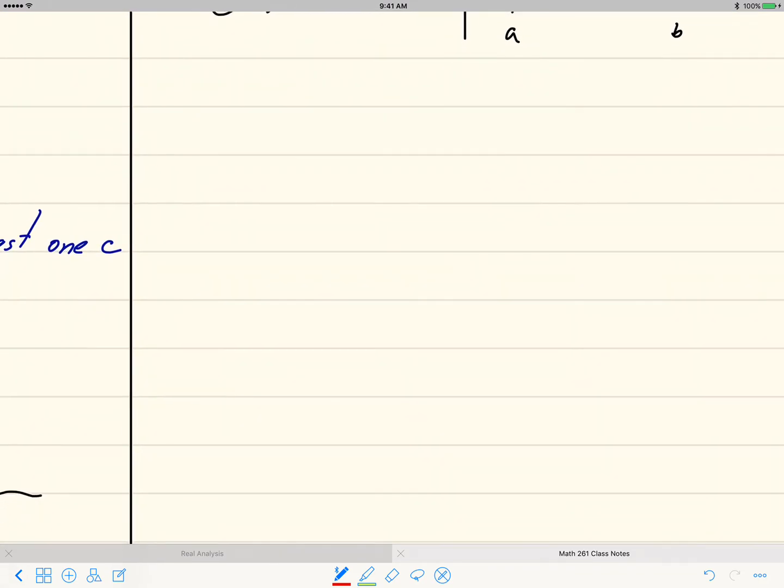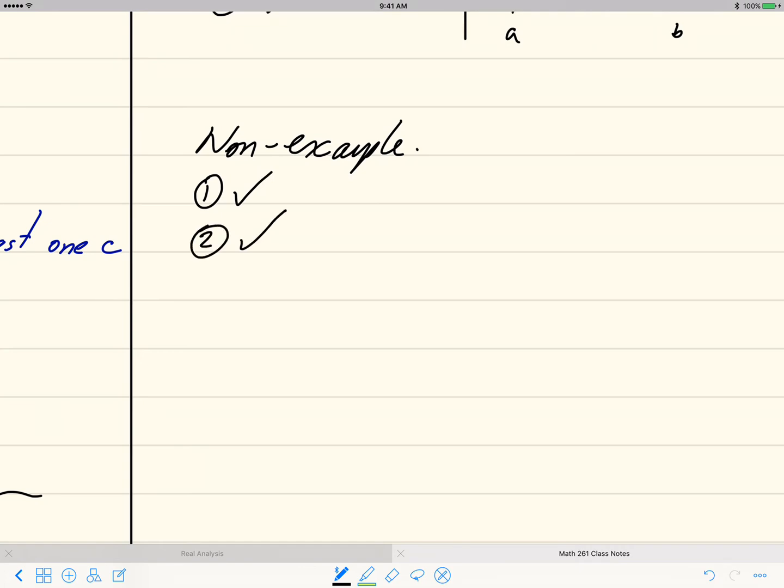Let's do one more non-example. In this one, I'm going to make sure the function is continuous throughout the interval, including the endpoints. It's differentiable on the open interval, but f(a) is not equal to f(b).